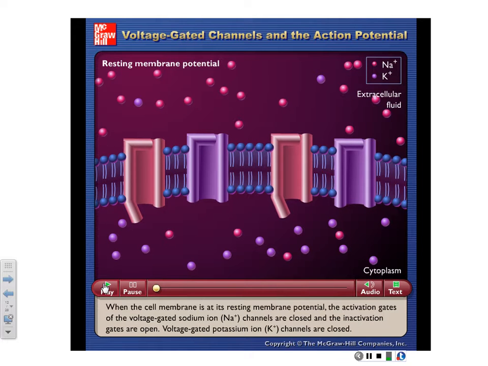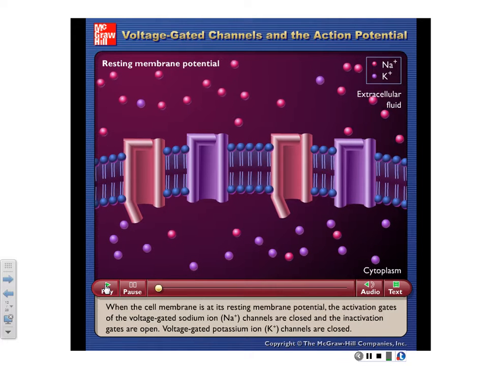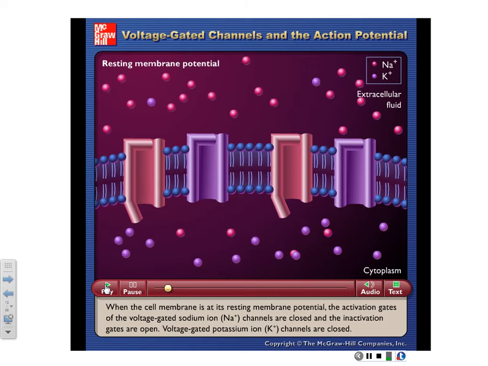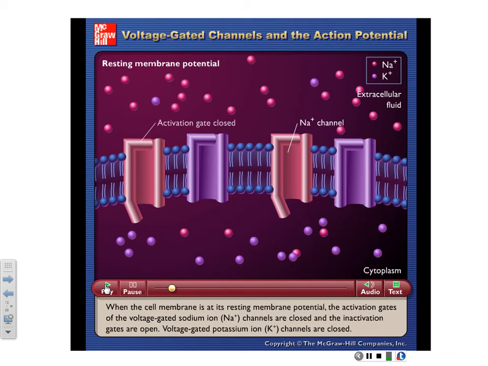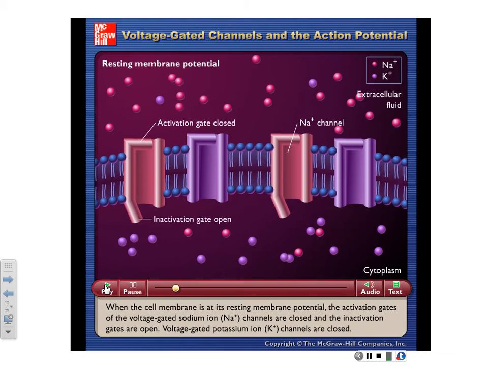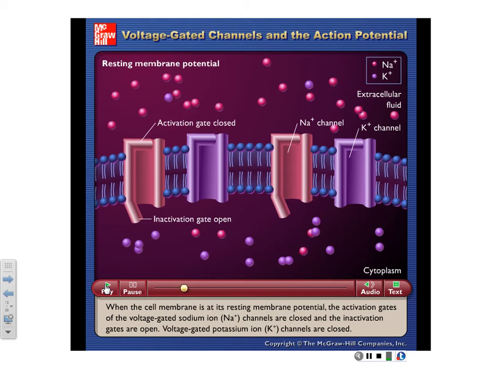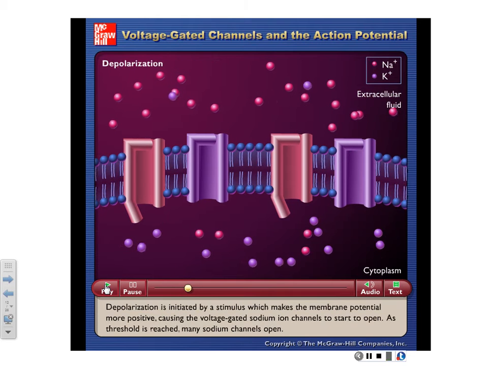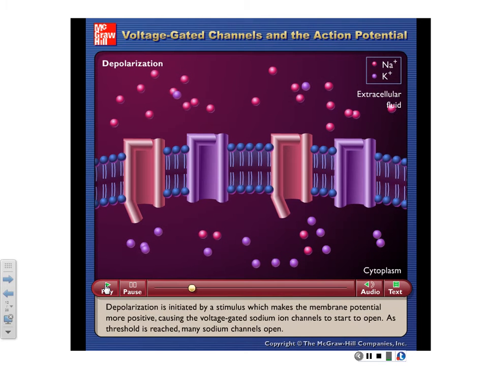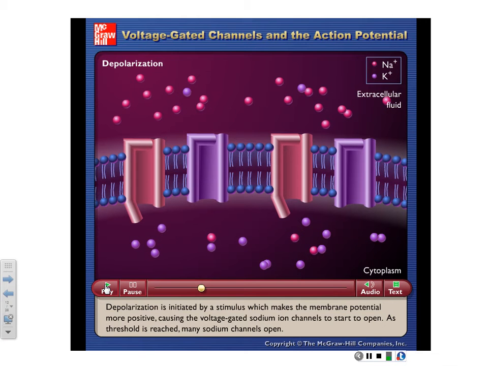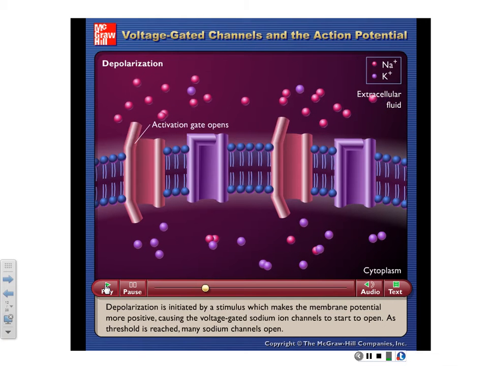Okay, so this is just an action potential. When the cell membrane is at its resting membrane potential, the activation gates of the voltage-gated sodium-ion channels are closed, and the inactivation gates are open. Voltage-gated potassium-ion channels are closed. Depolarization is initiated by a stimulus which makes the membrane potential more positive, causing the voltage-gated sodium-ion channels to start to open.